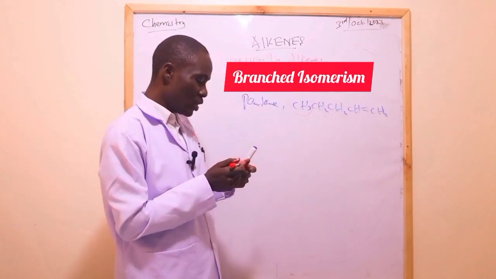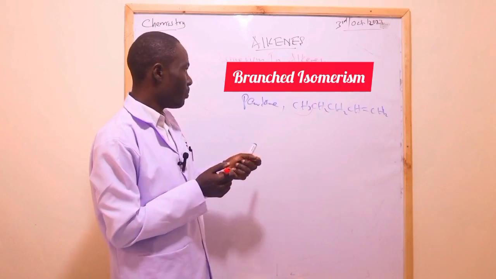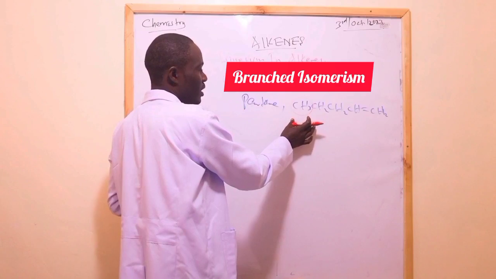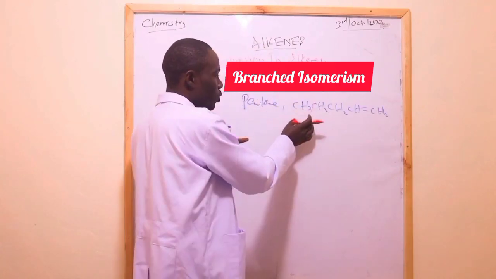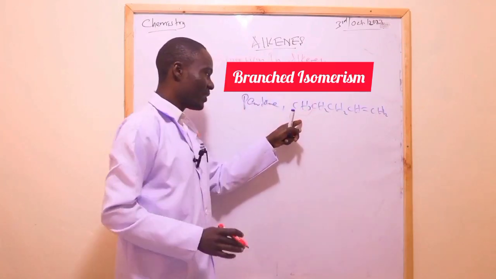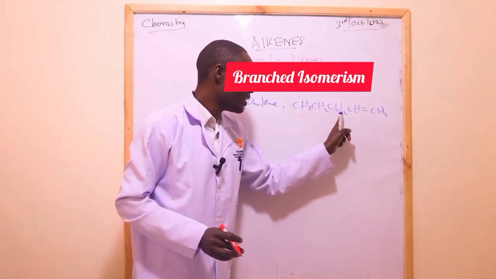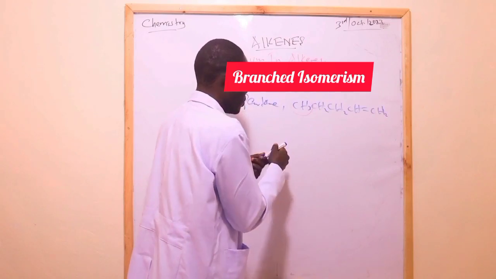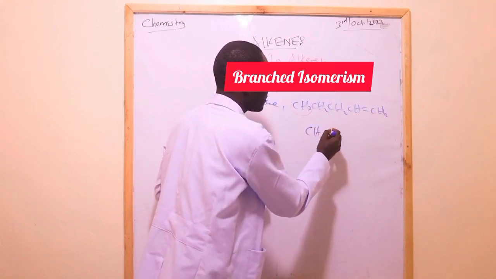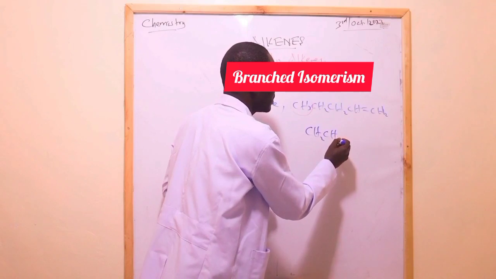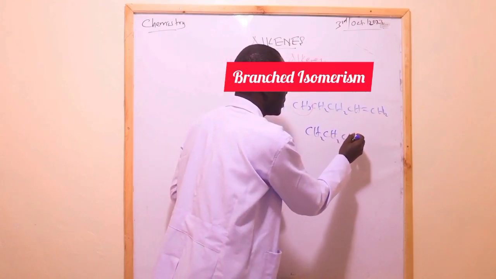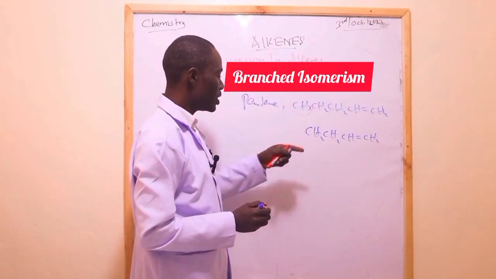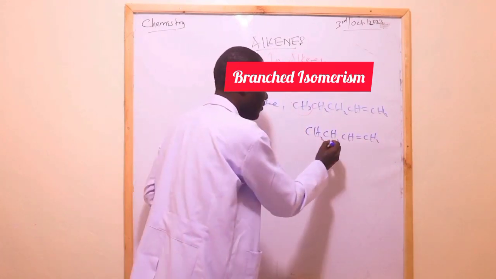So in this case, the first isomer we get of pentene is when we attach this methyl group, either of these. We remain with the CH2 here, CH2, CH double bond CH2. When we attach it here, we have a CH3 here.